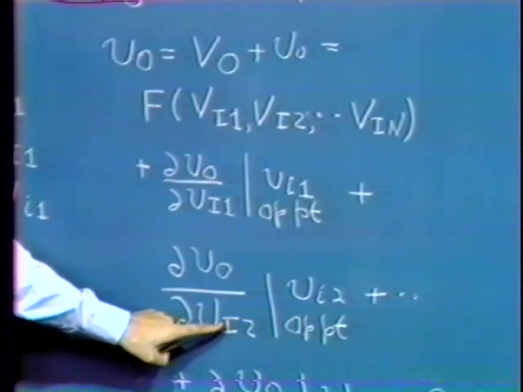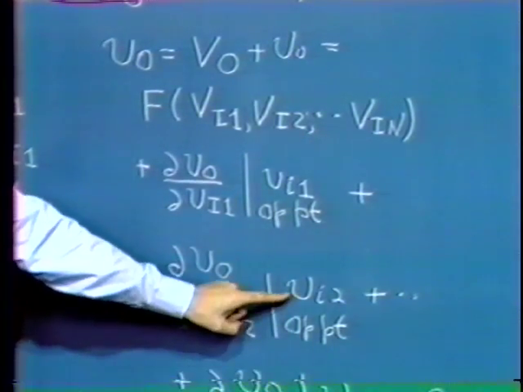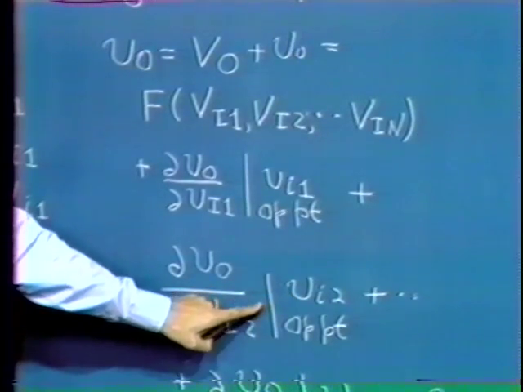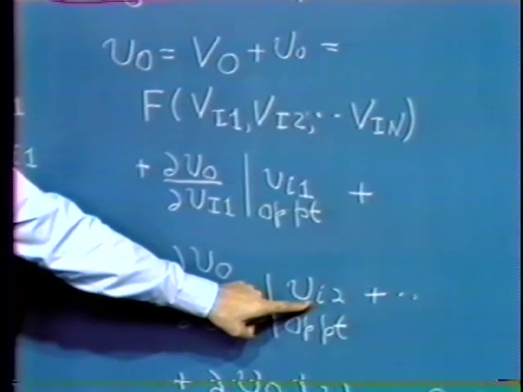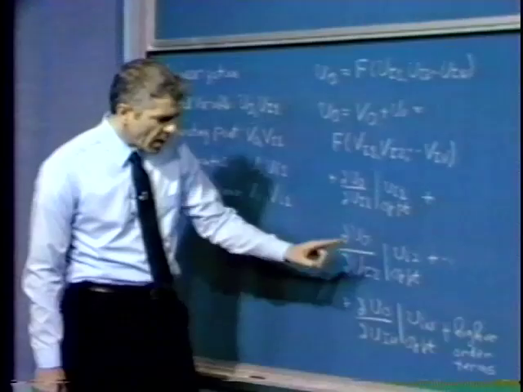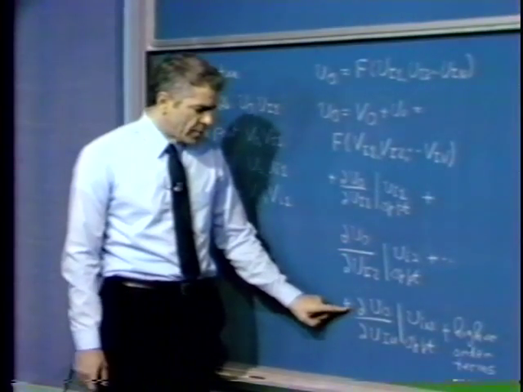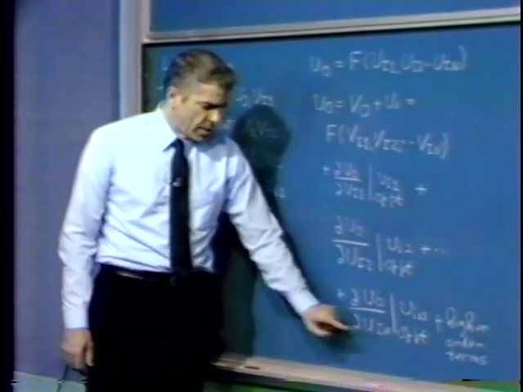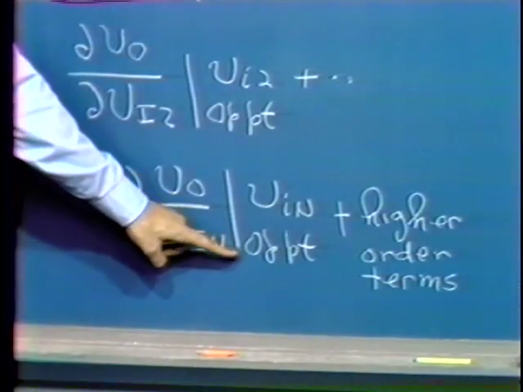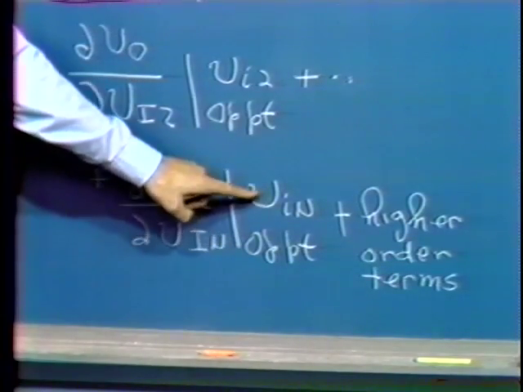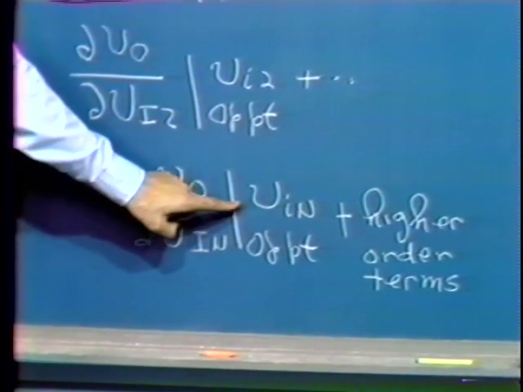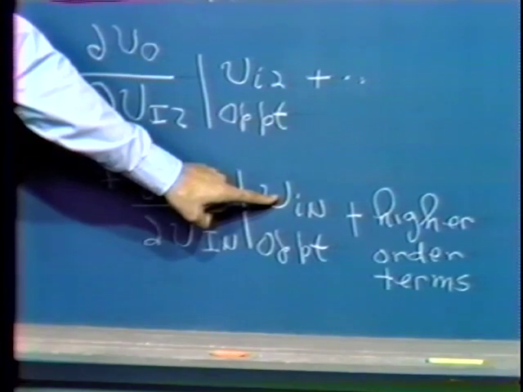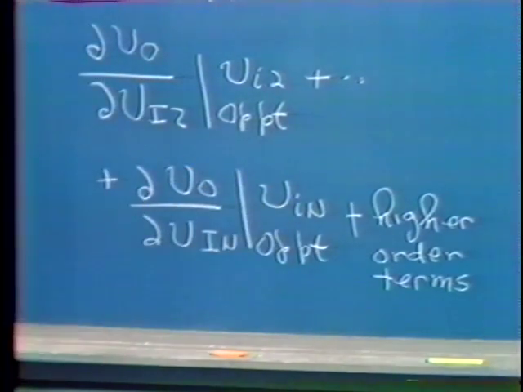We evaluate this partial derivative at the operating point, multiply the resultant number by the incremental change in the second input variable, and so on. Finally, we get to the derivative of the output with respect to the nth input variable, evaluated once again at the operating point, and then multiply that coefficient by the incremental change in the nth input variable.